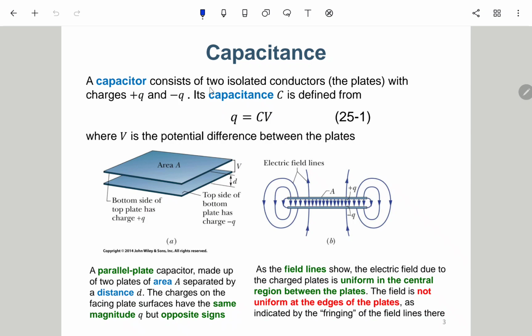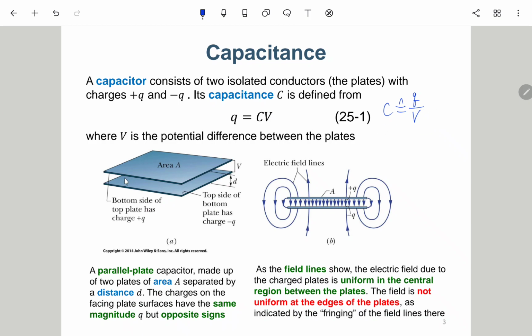A capacitor consists of two isolated conductors, the plates, with charges plus Q and negative Q. Its capacitance C is defined as Q equals CV, or C equals Q over V. When we talk about a definition, it's usually more intuitive to put it on the left side and equal it to something else, so C equals Q over V. V is the potential difference between the parallel plates, or in circuit theory we usually call it the voltage difference.